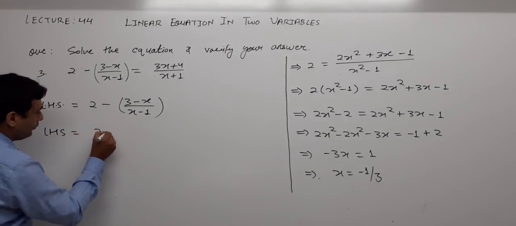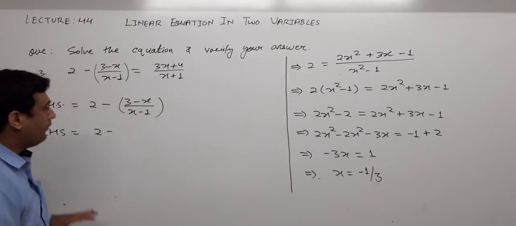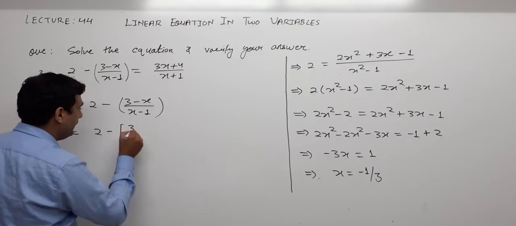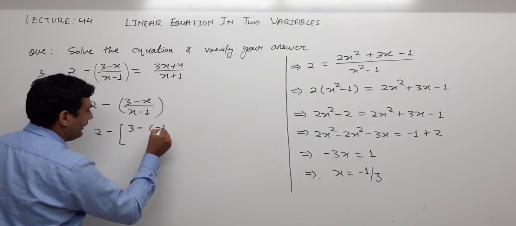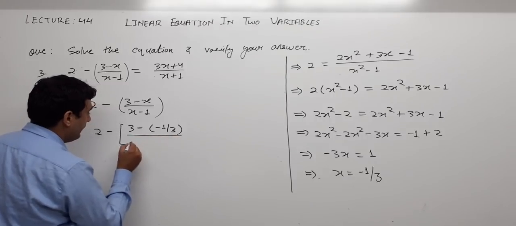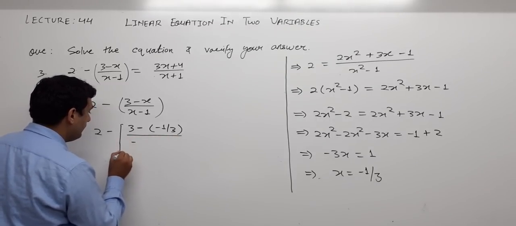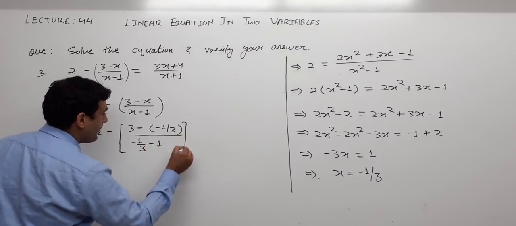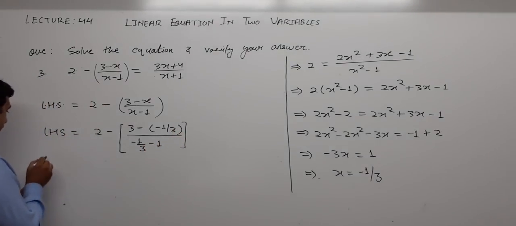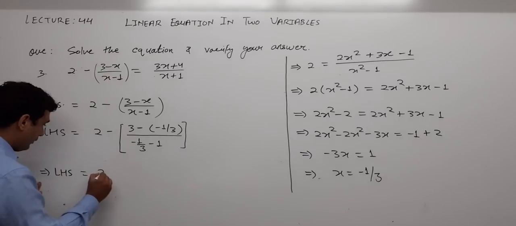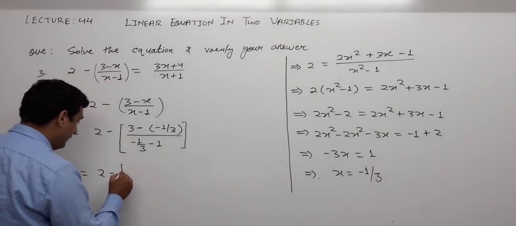LHS is equal to 2 minus. Now the value of x is minus 1 by 3. So here I am using brackets, 3 minus (minus 1 upon 3), divided by (minus 1 upon 3 minus 1). Okay, so on further simplification, I will get left hand side is equal to 2 minus.